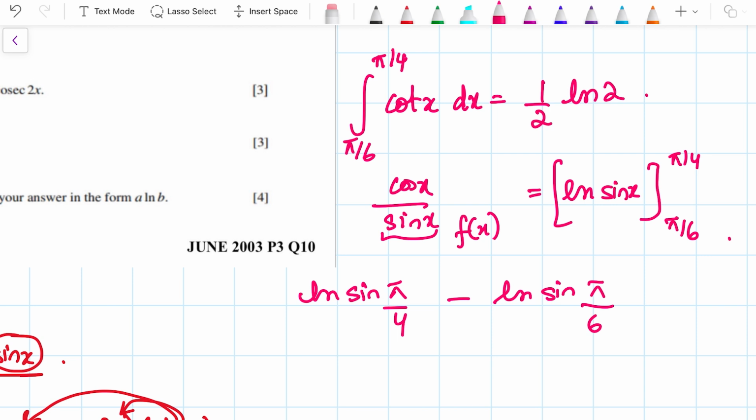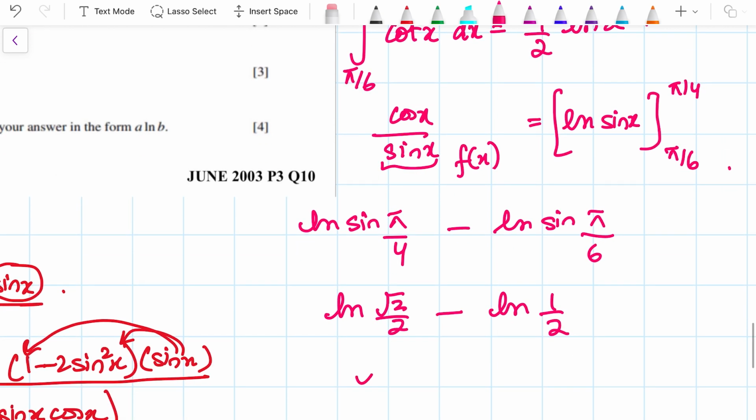Meaning, sine pi by 4 is root 2 upon 2. Sine pi by 6 is 1 upon 2. Can I take ln common out now? Root 2 upon 2 minus changes into division.